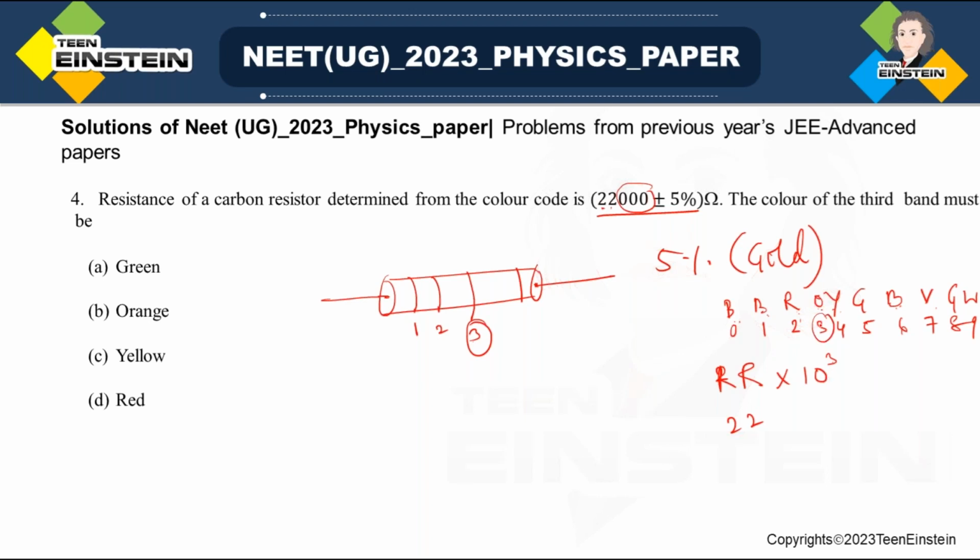That means this orange will be the third band, such that you get 10 to the power 3. And the fourth one will be gold. Okay, so I have got red, red, orange, and gold. This is the color combination of this carbon resistor. So here the third band will be orange.